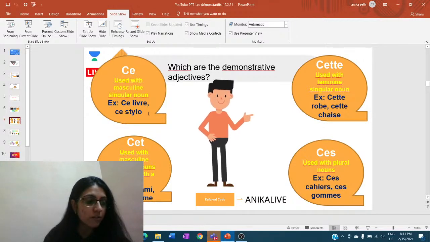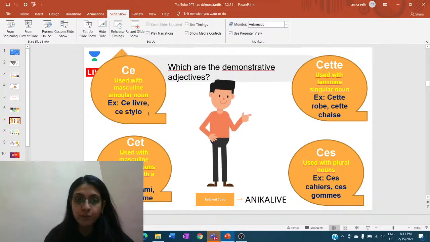Why do we have cet as the demonstrative adjective for the masculine noun starting with a vowel? Why can't we use ce only?